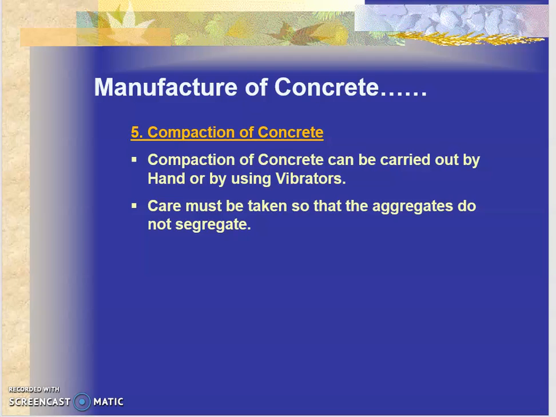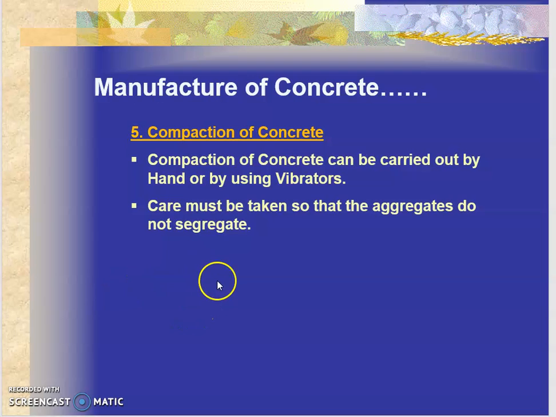Now, how will you know that your material has segregated or your aggregates have moved at one side and your concrete is not any more homogeneous? You might have seen it on a lot of surfaces, after deshuttering, that is after hardening, when the formwork is removed, if you see a knife cut edge on one side and bang opposite, on the opposite face, if you see the gravel, then the concrete is segregated.